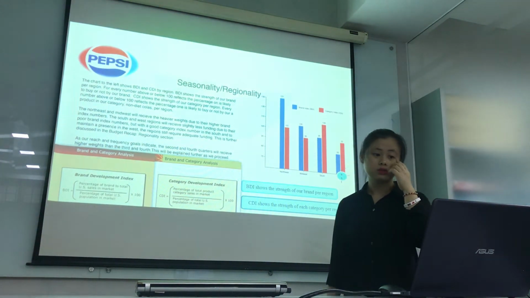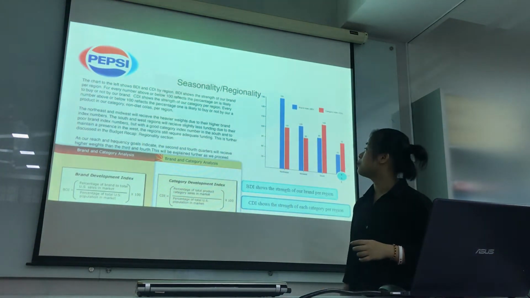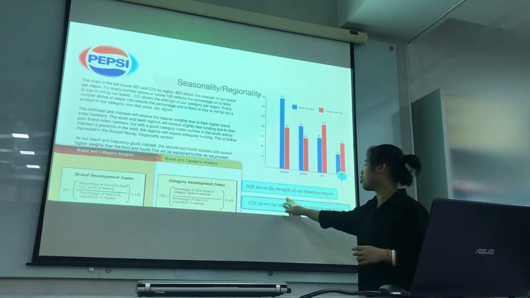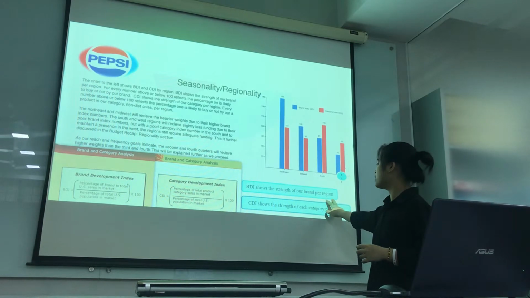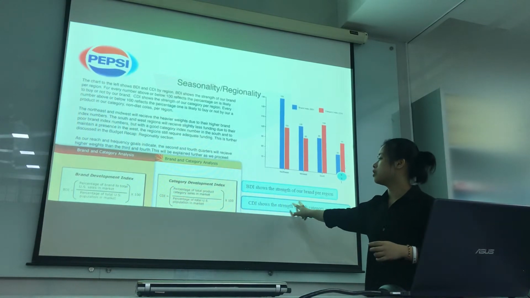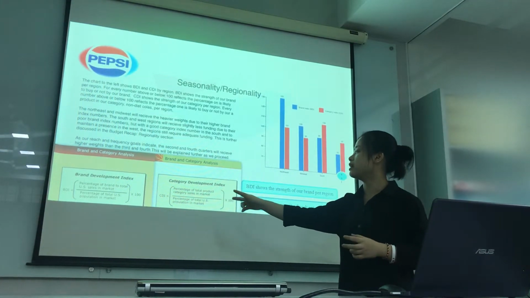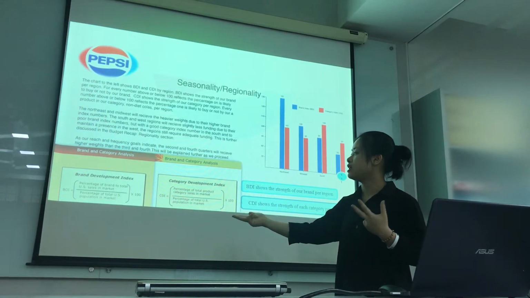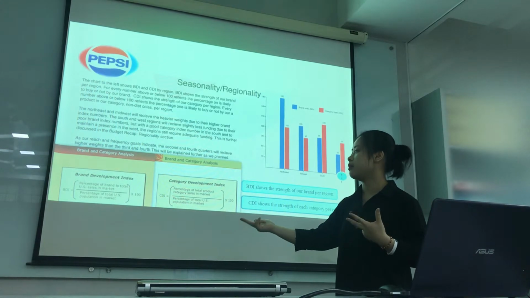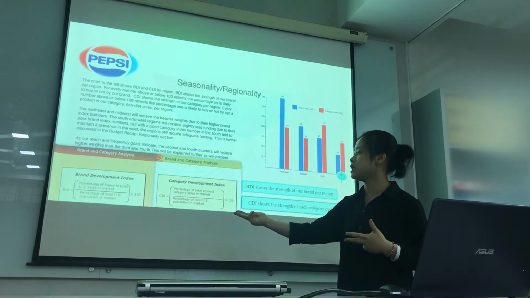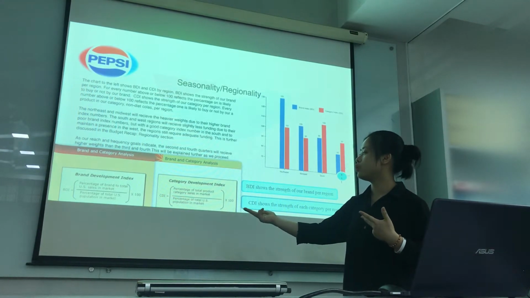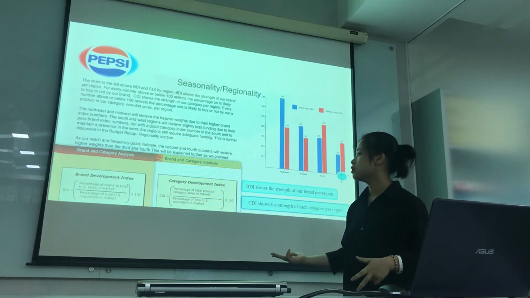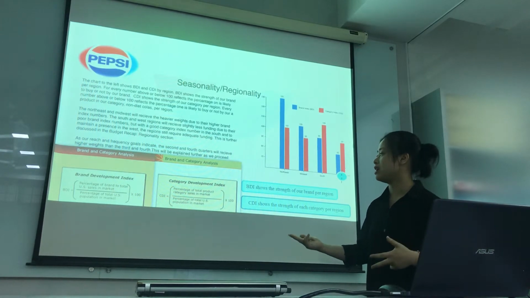The next is BDI and CDI. BDI is the strength of your brand in a region. You can calculate BDI by, for example, taking the percentage of the brand in total US sales in the market, dividing by the percentage of total US population in the market, and multiplying by 100 to see how strong your brand is.